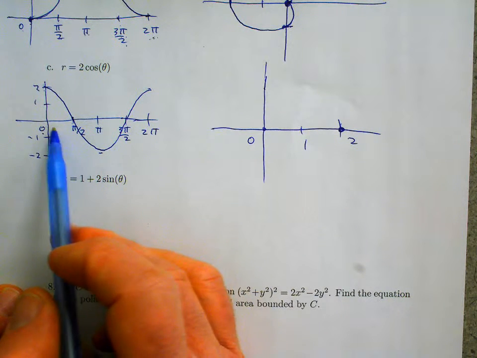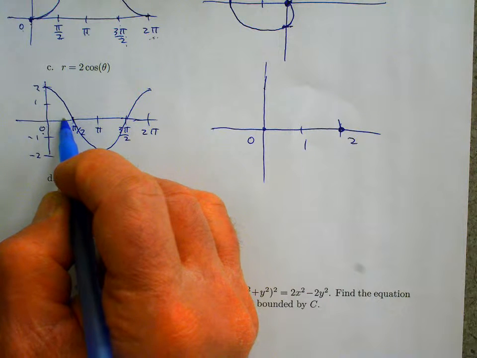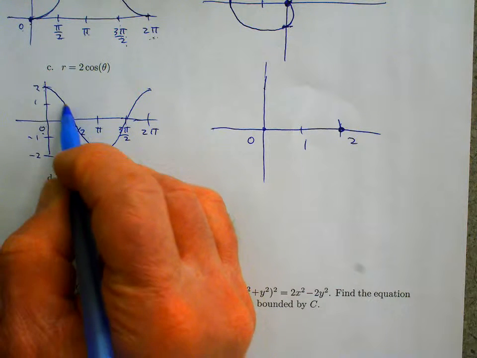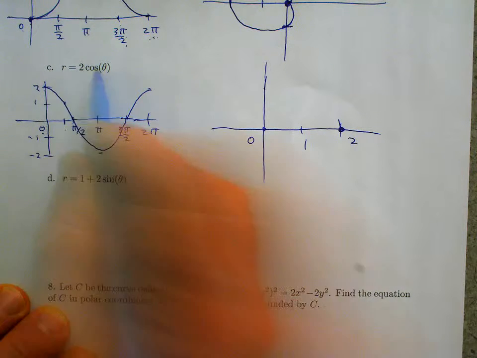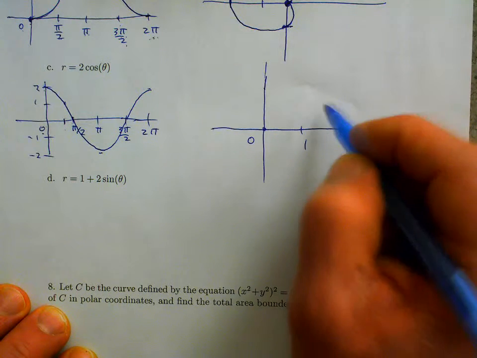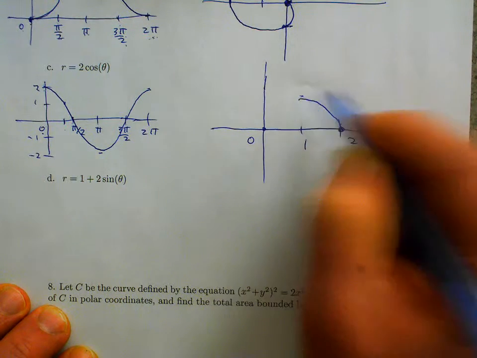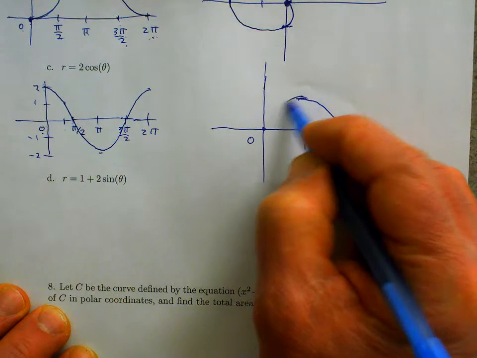Cosine of pi over 3 is 1/2, and 2 times 1/2 is 1. So that looks about right.